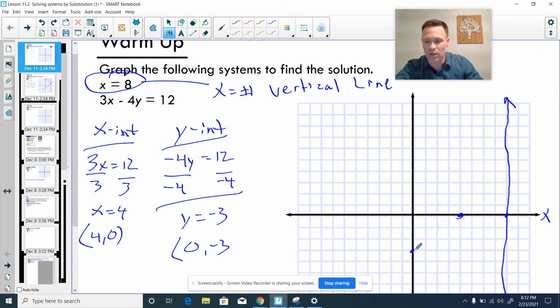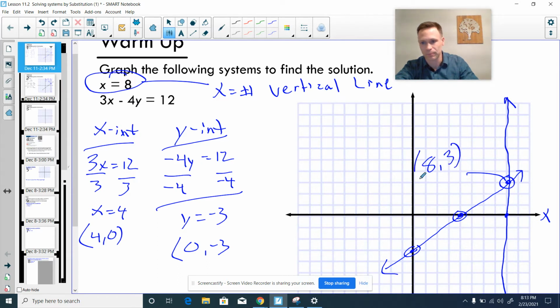And now, if I'm going to complete graphing this, I want to figure out how to get from this point to that point. I go up 3, right? 1, 2, 3, 4. And I keep doing that. And voila, there is the solution to my system of equations where the two lines intersect. That point is 8 comma 3.